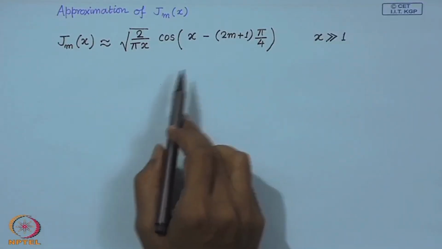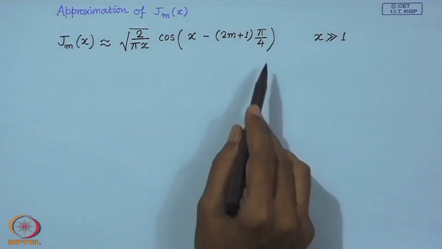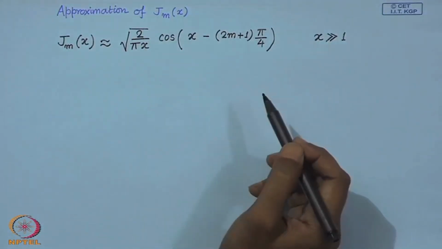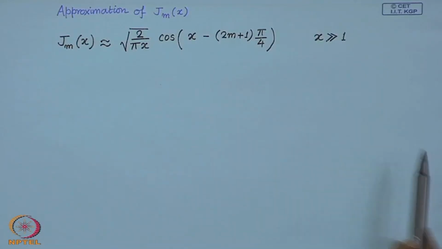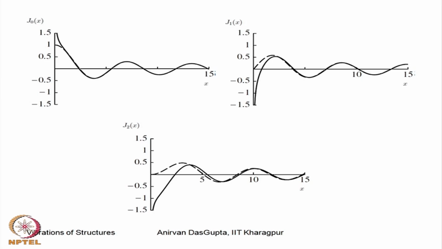So, for large arguments we have this approximation, and let us see how good this approximation is. In this figure I have plotted the Bessel function of the first kind of order 0, order 1 and order 2. This dashed line is the exact Bessel function, and this solid line is the approximation.